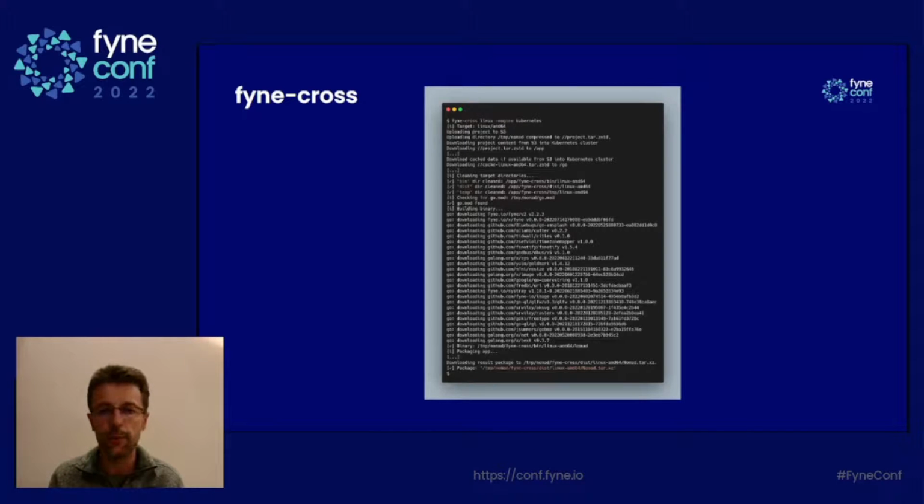It then does exactly the same thing that the FyneCross locally was doing, do the building of the binary, package the app, or generate the tar.xz, and will actually download it back on your local machine. And that's basically as easy as it gets.